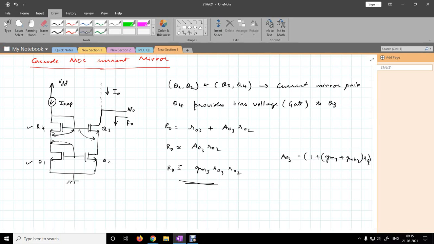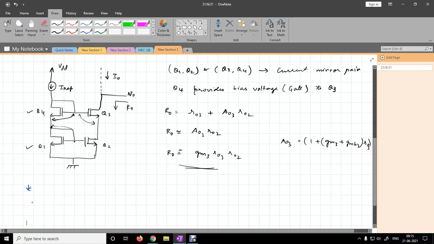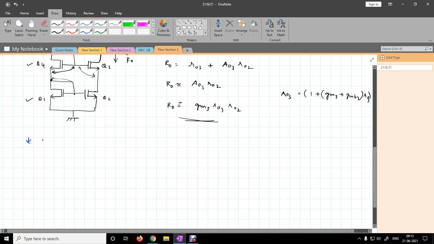So the point here is, impedances seen by Q1 and Q4 are in the order of 1 by gm, which is a small value.